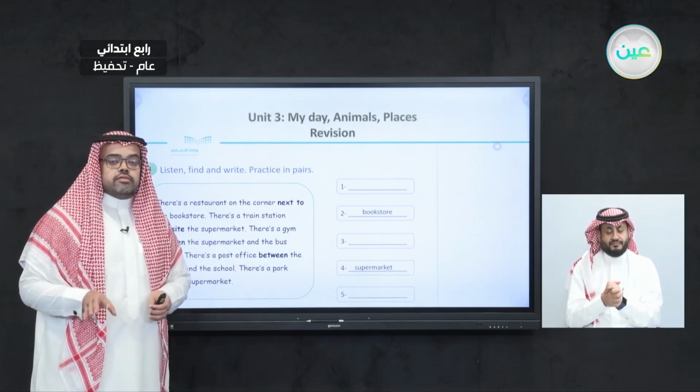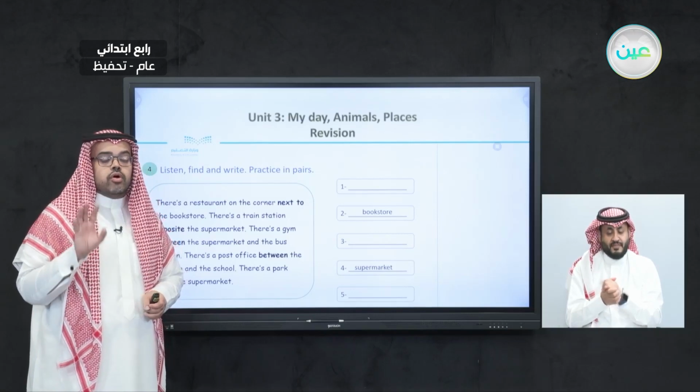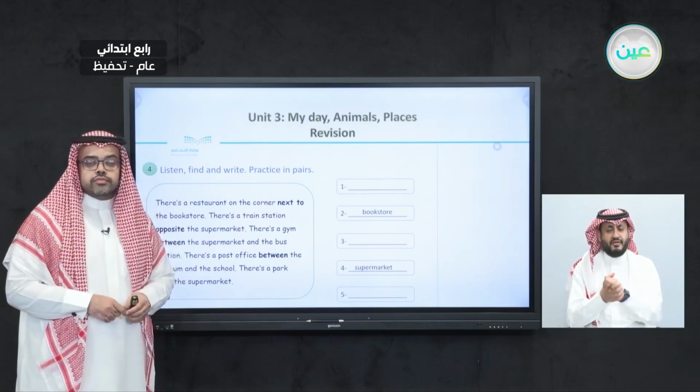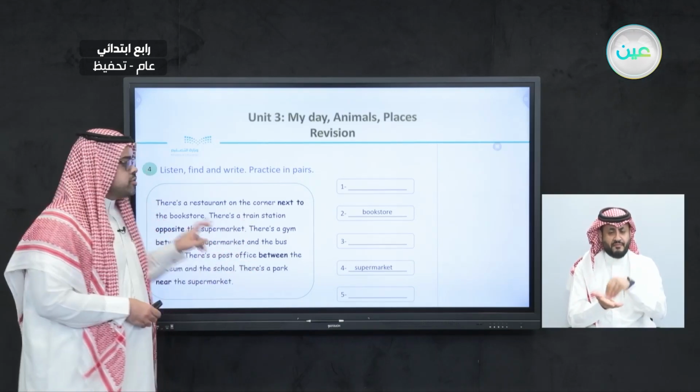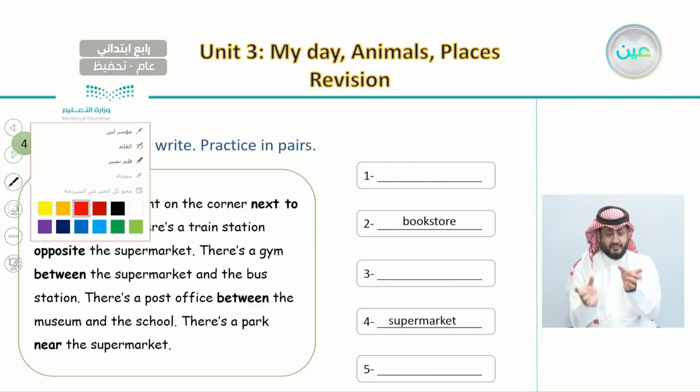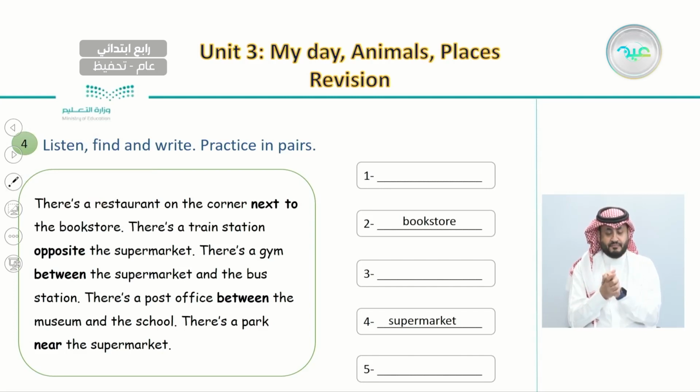As you can see on the town map, you will see different places, and between each of these places are numbers. For example, 2 is the place of a bookstore, and 4 is the place of a supermarket.